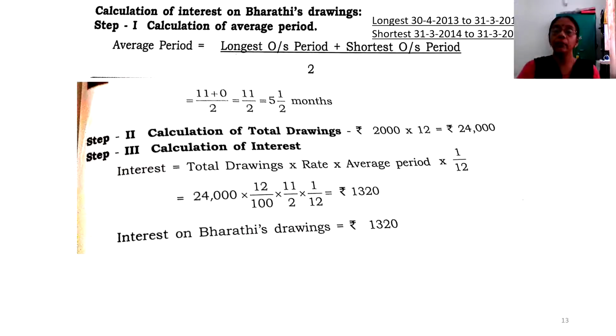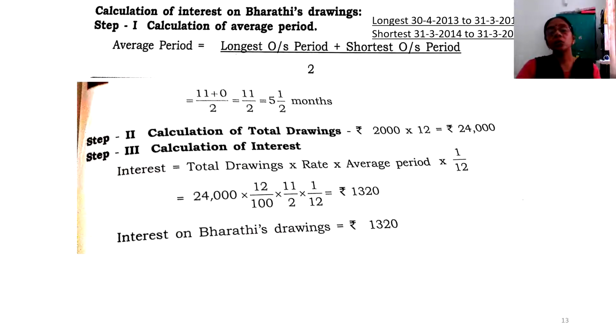When you take 30/4/2013, April should be avoided. So we start from the month of May, wherein you forgo 1 month. So the longest period makes it 11. The shortest period is 0. So it is 11/2, or 5.5 months.